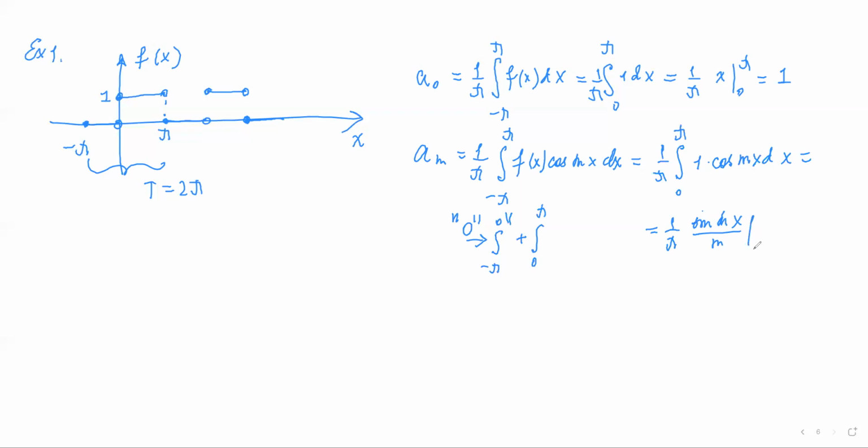So you will need to use it from 0 to pi. Well, 0 is going to give us 0, right? Pi is going to give us sine of pi m, which is 0. So we are going to get 0. All of these coefficients are going to be 0 because it does not matter what is m, it's still going to be 1 pi or 2 pi or 3 pi or whatever, right?